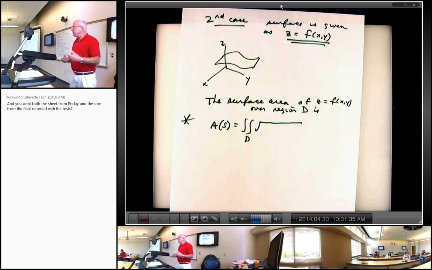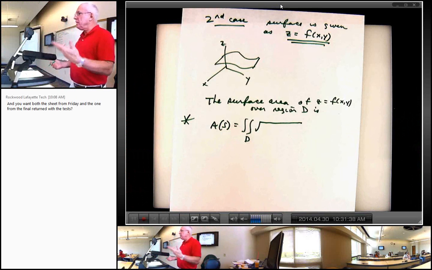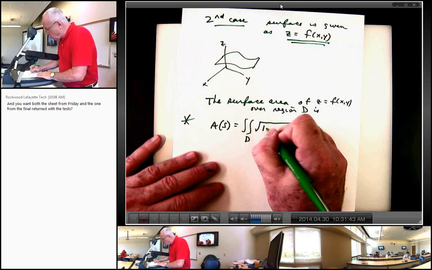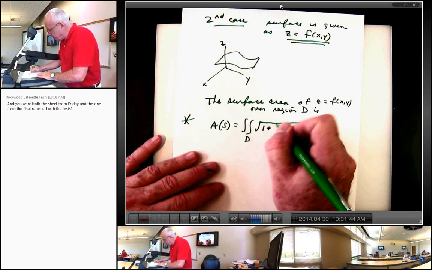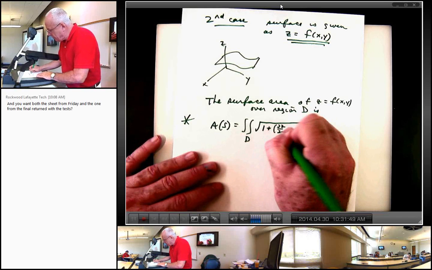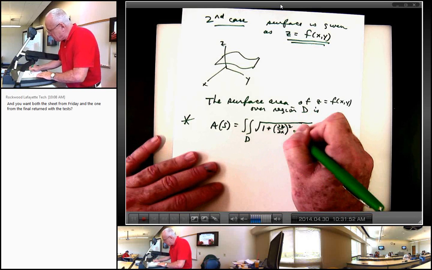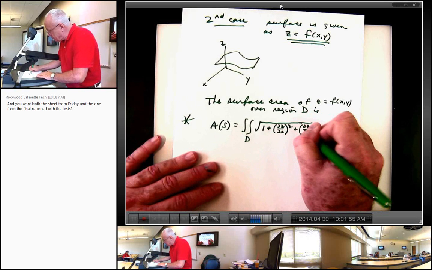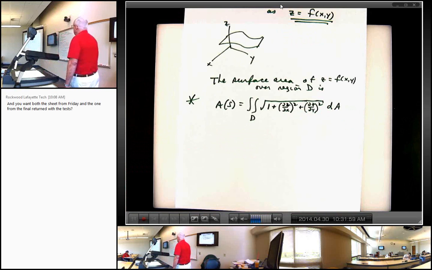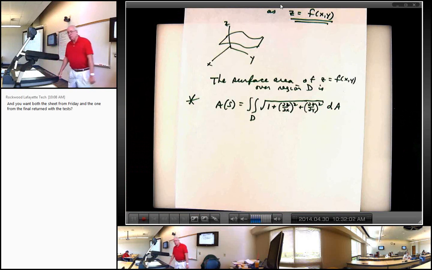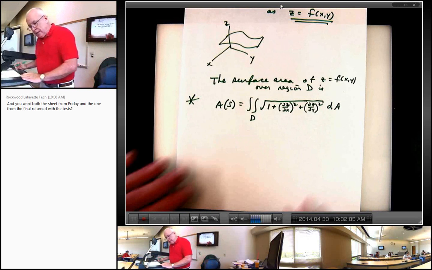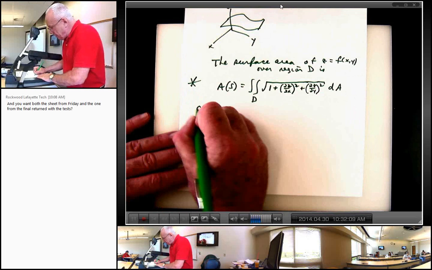There were a couple different steps we had to do with the first one. This one is just going to be the square root of 1 plus the derivative of z with respect to x squared plus the derivative of z with respect to y squared under the square root, dA. All right. So be sure that you note that formula down. And then let's look at an example involving this case.